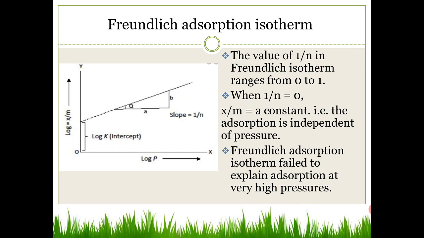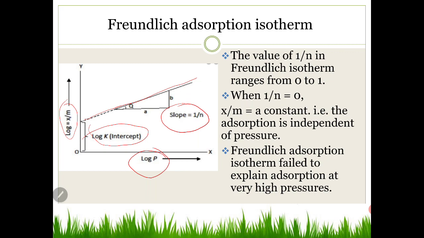It's shown here: log x by m along the y axis, log p along the x axis, and you get a straight line with a positive slope of 1 by n and intercept log k.